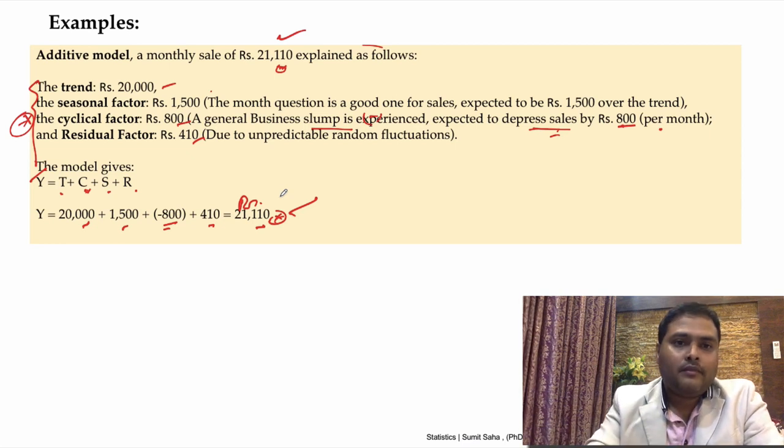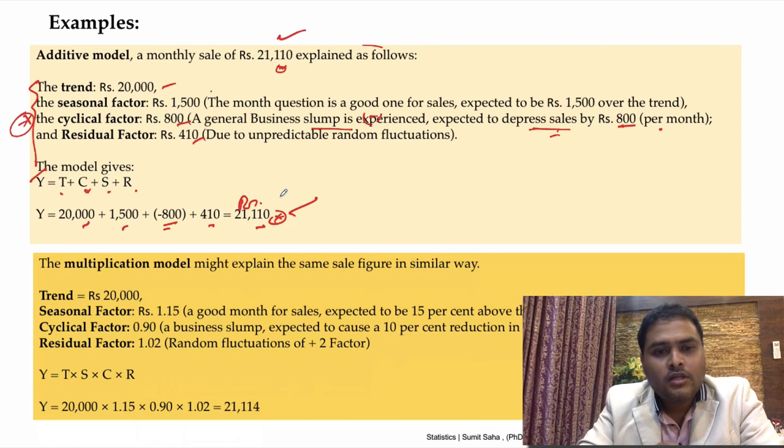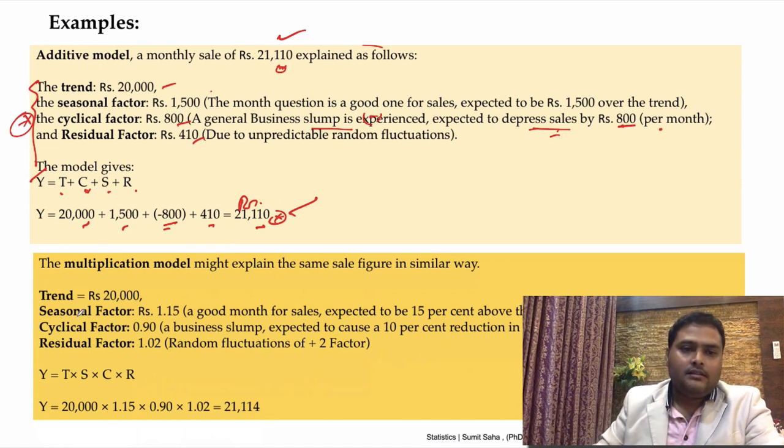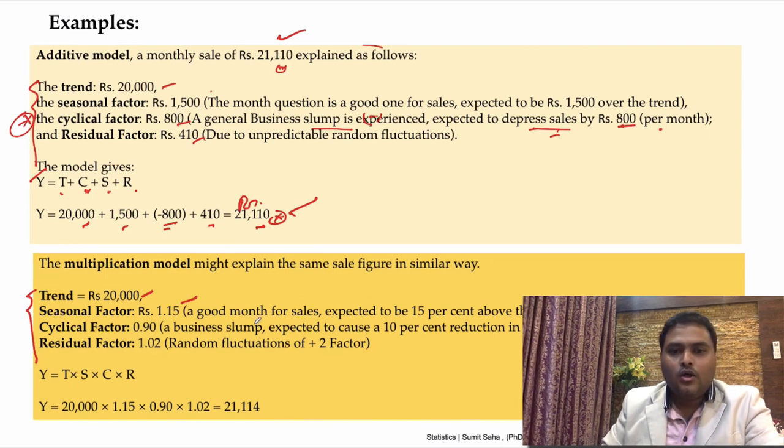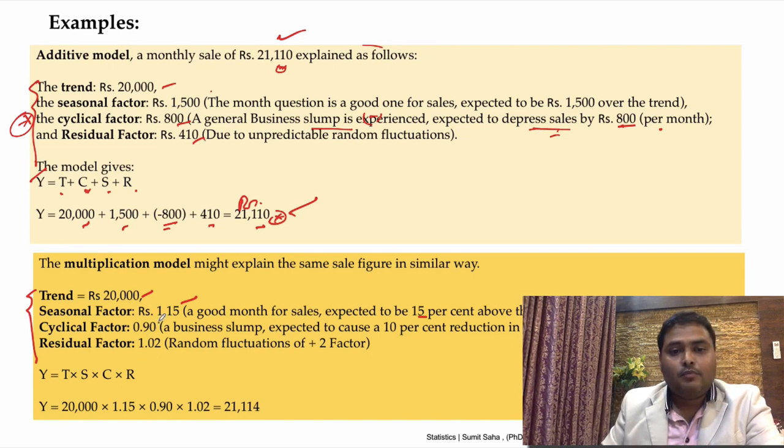Now if we try to use a similar problem in the multiplicative model, what is this? This is the problem. The trend value is 20,000 rupees, the seasonal factor is 1.15. A good month for sales, because you have got 15% above the trend. It is not negative. You have got 15% more sales, so 1.15. The cyclical factor is 0.9.